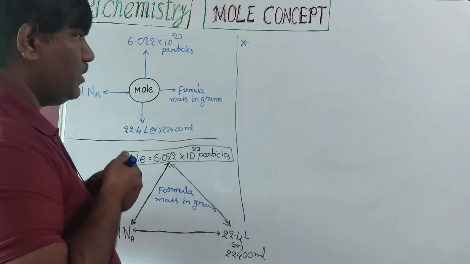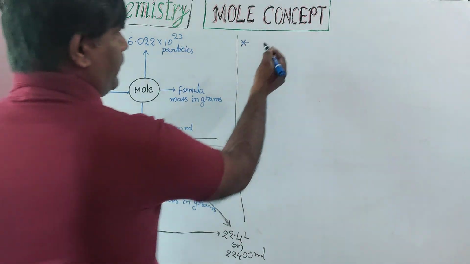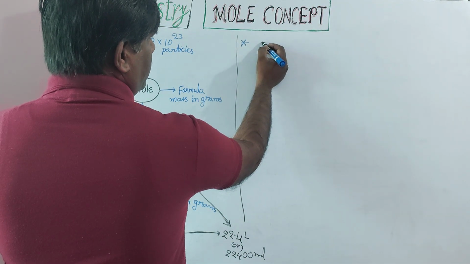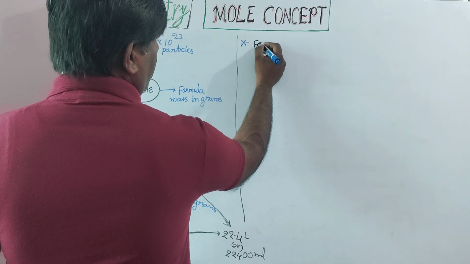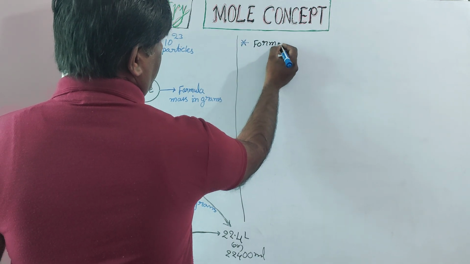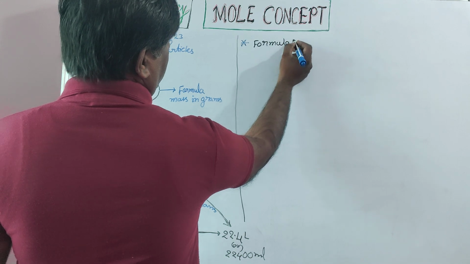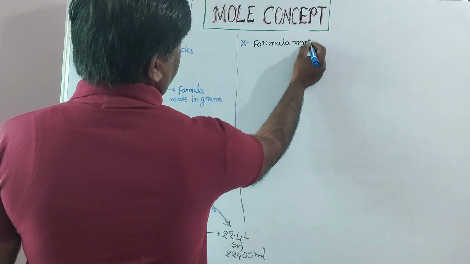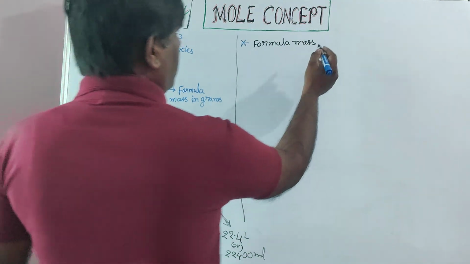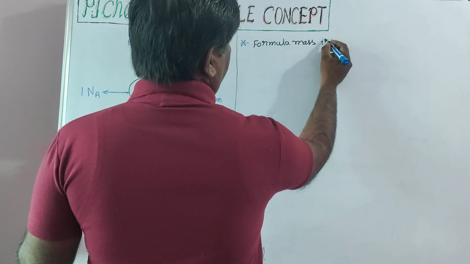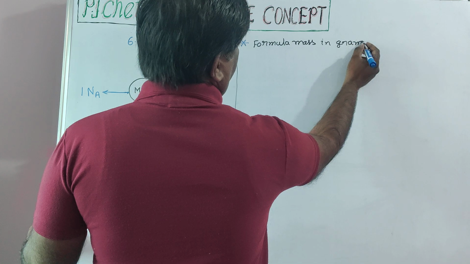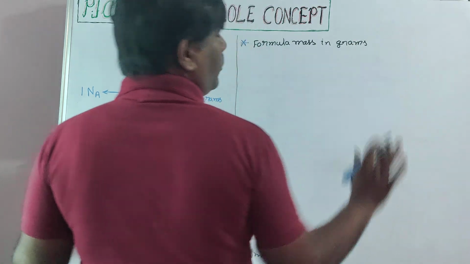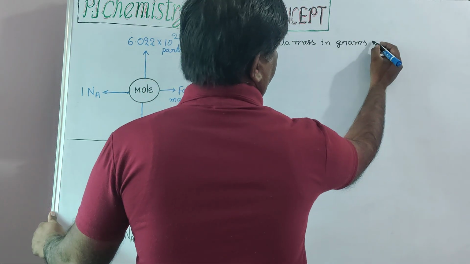Yes, now we are going to calculate formula mass in grams. Formula mass in grams represents 1 mole of the substance.